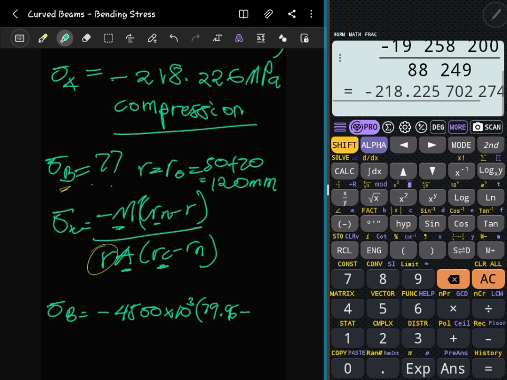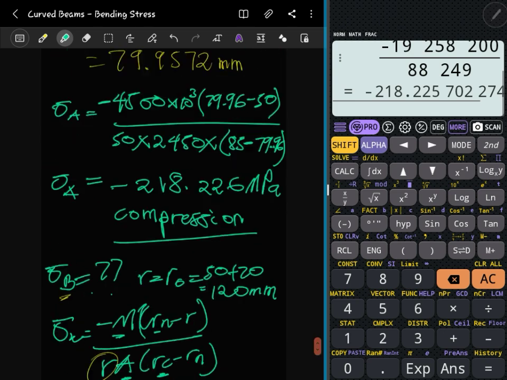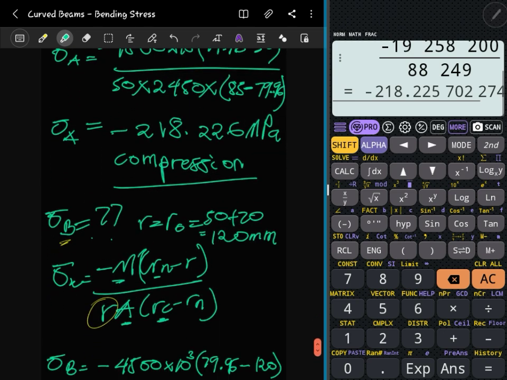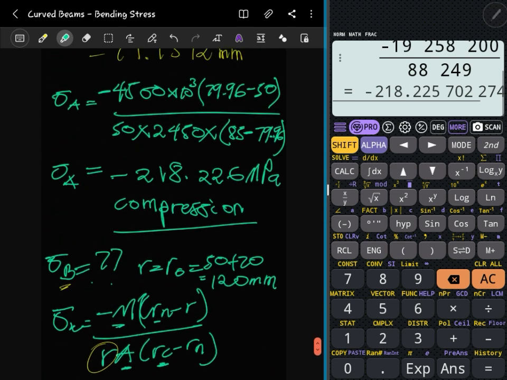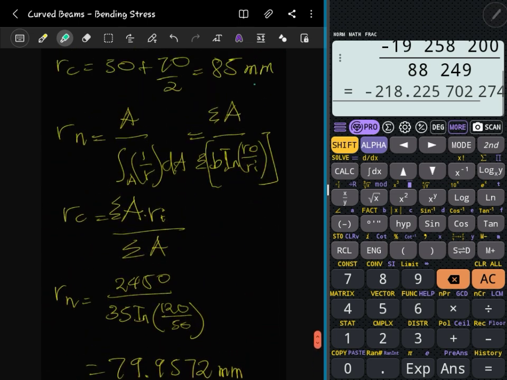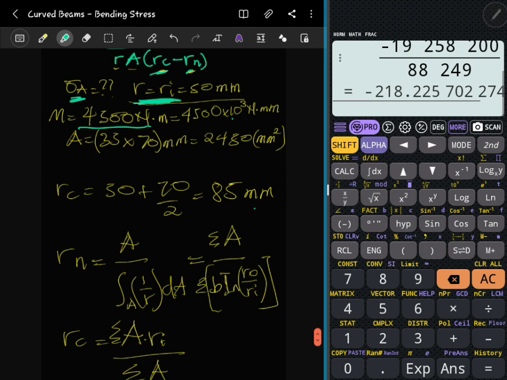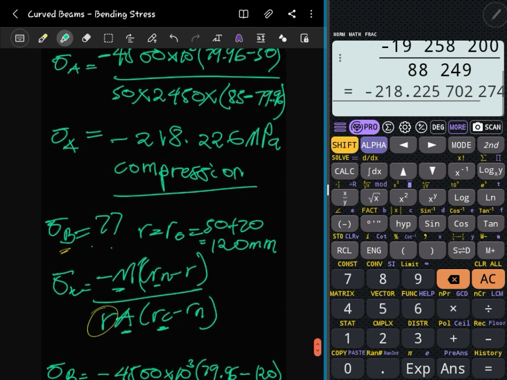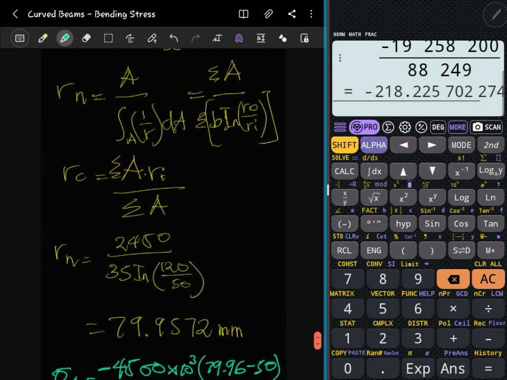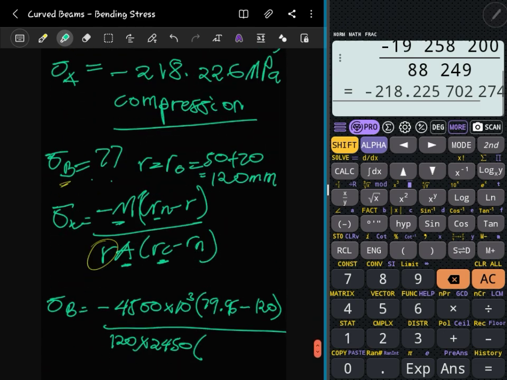We said that R here is 120, all on R, the same 120. The area, the cross-sectional area, doesn't change; we have it to be 2450. Our RC is not changing, just based on the geometry; we have that to be 85.